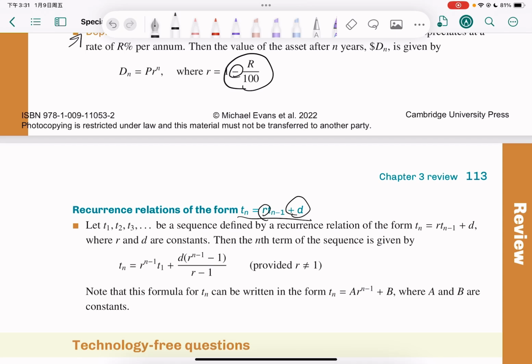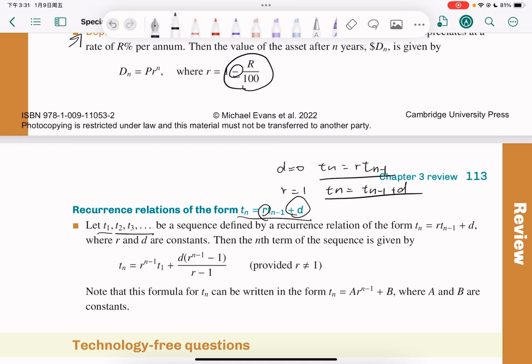Or you can think of it this way: if D is equal to 0, then Tn is equal to R times Tn minus 1, which is just a geometric sequence. And if R is equal to 1, then Tn is equal to Tn minus 1 plus D, which is just an arithmetic sequence. Okay, so it's a combination.